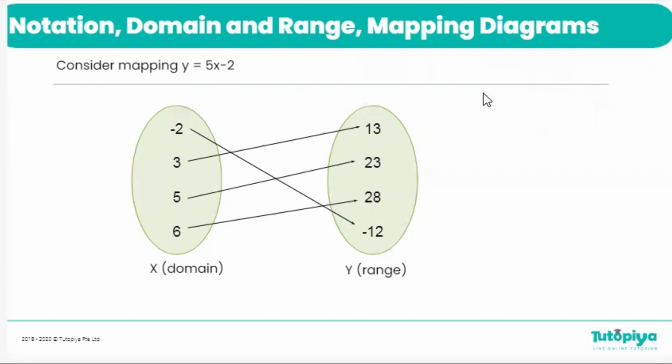And I can do this for different sets of x values. So we have done this for 3, 5, and 6, and I can see these generate different values for my range. And looking at this mapping diagram, I can see that this is a one-to-one mapping diagram, which means that we can write this as a function.